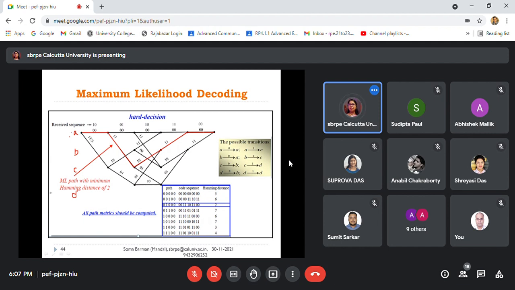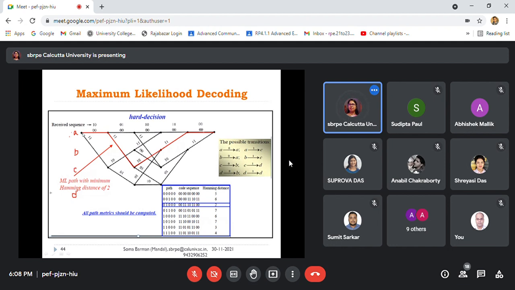Now the trellis diagram has the states A, B, C, D. A is from time t0.